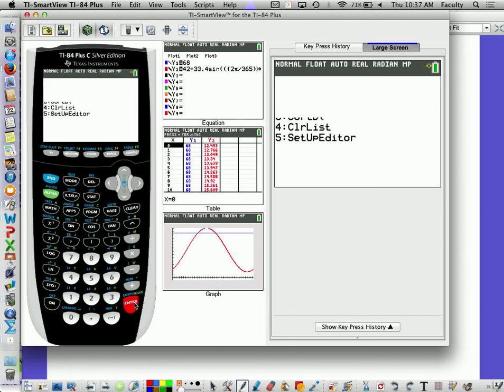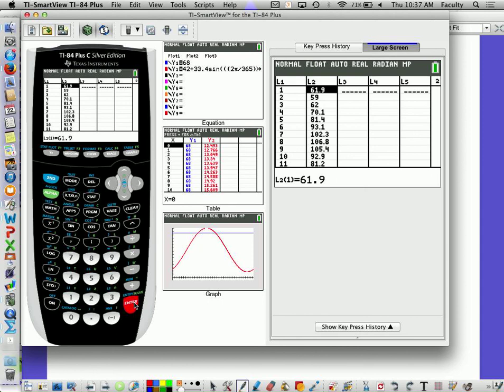So on edit, we're going to press enter. If you already have stuff in your list, you arrow to the tippy top and press clear and enter. Do not press delete, because you'll delete the list, and that's going to be a problem for us, and we'll have to reinsert it, okay?